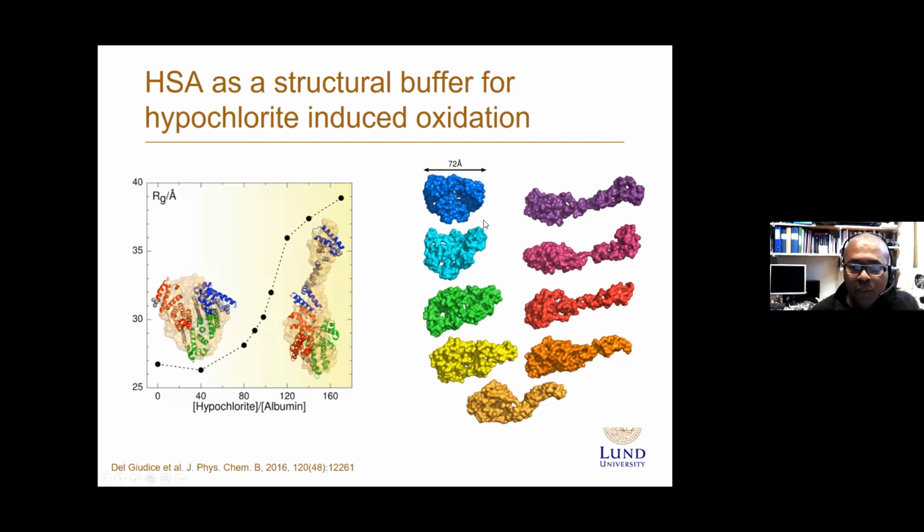And one could deduce unique shape and forms for this human serum albumin as it is being titrated by increasing amounts of hypochlorite. So there are a few other works that we've done with Alessandra looking at acidifications and other things that also illustrate the particular aspect of combining the techniques. And here, I would like to come back to this particular comment of how many techniques do we actually need?